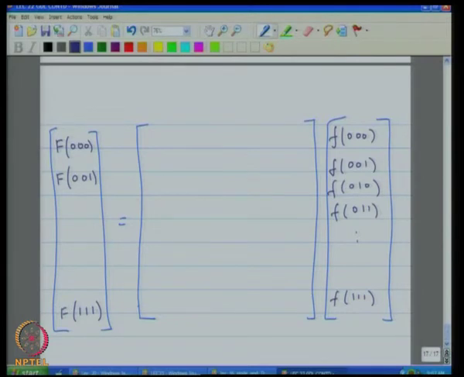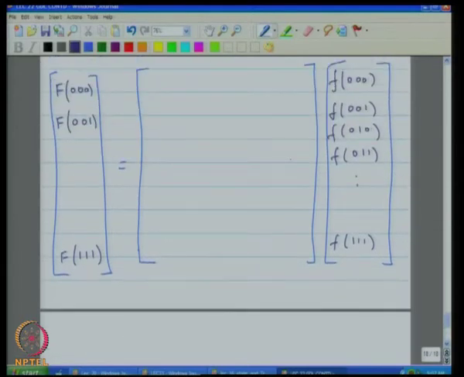In the middle I have what is called the Walsh matrix or Hadamard matrix, and the entries of this matrix simply follow a specific pattern.